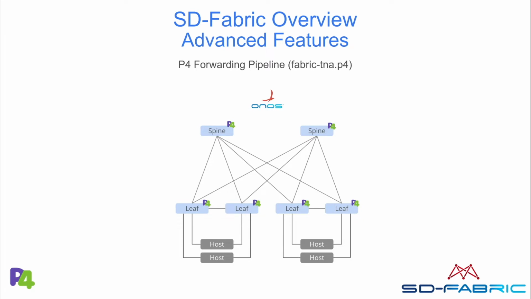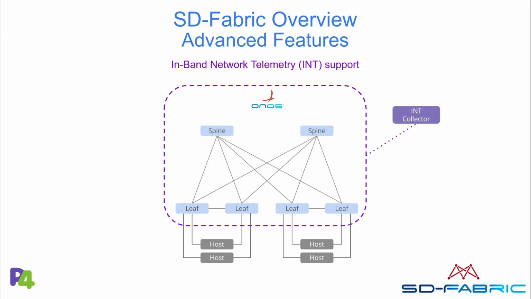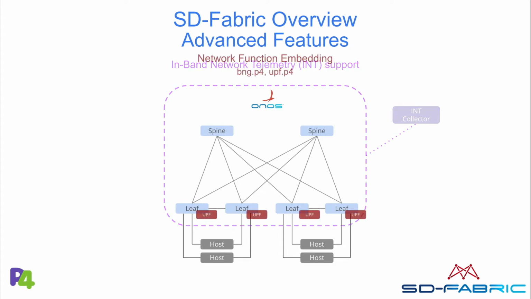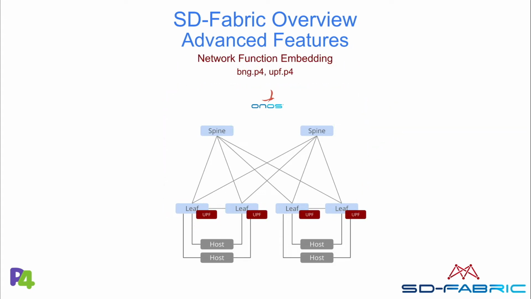Besides the traditional features, SD-Fabric supports some advanced features such as the P4 forwarding pipeline, which is referred to as Fabric-TNA.P4, inband network telemetry, and network function embedding such as BNG and UPF.